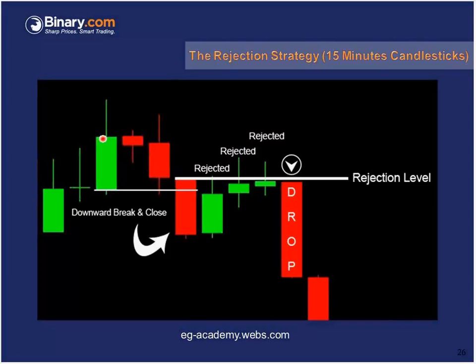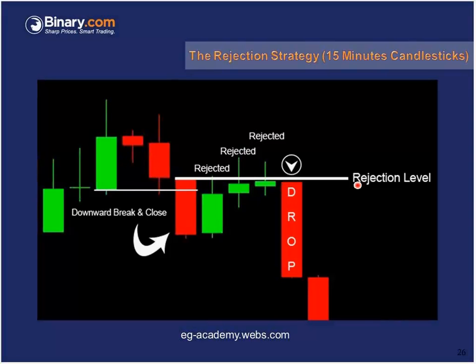Once we see that, then we will wait for three green bars in 15 minute charts. And then when we see these three green bars rejected around that area, on the fourth bar we would be taking a downward option immediately as soon as the candle opens, as this is our opportunity to get in at a higher probability drop area.